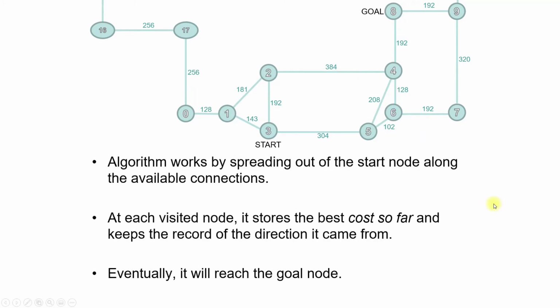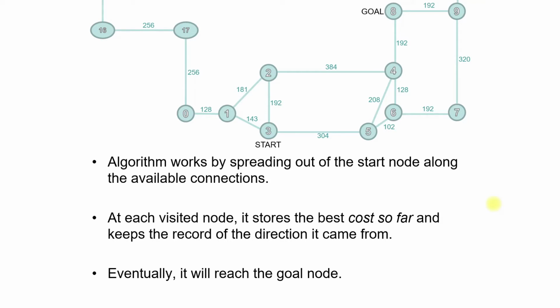The algorithm works by spreading out of the start node along the available connections in all possible directions. At each visited node, the algorithm stores the best cost so far and keeps the record of the direction it came from. This cost so far is the total cost of traversing from the start node to the node which is currently visited.